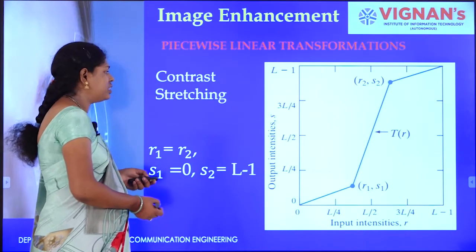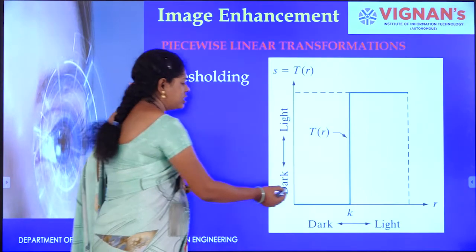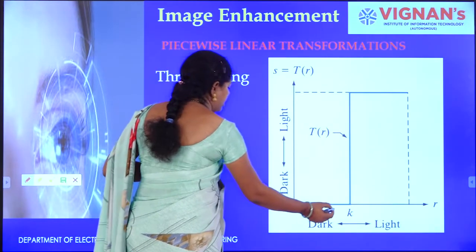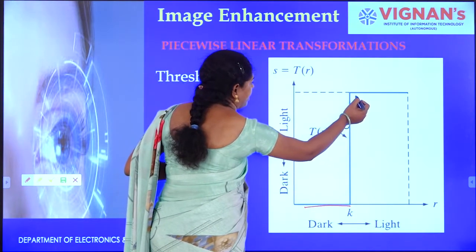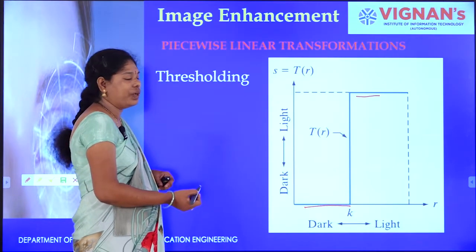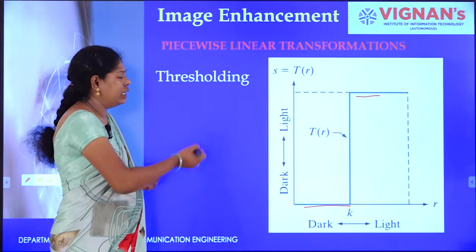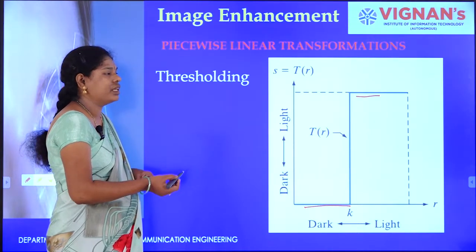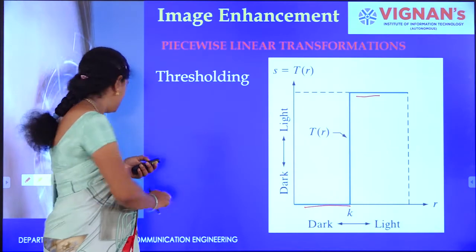Then it becomes thresholding. Regions with values less than the threshold become S equals 0, and values greater than the threshold become L minus 1. Here we are considering only one threshold value, so 2 combinations result. It is nothing but a binary image. Similarly, we can use a maximum number of threshold levels to get better resolution.